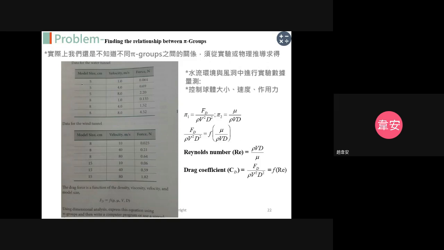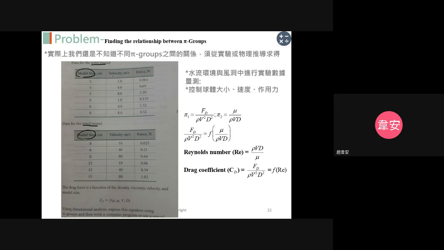So the table just summarizes data from the water tunnel and the wind tunnel. And we know that the model size is different and ranges from 5, 8 to 15.